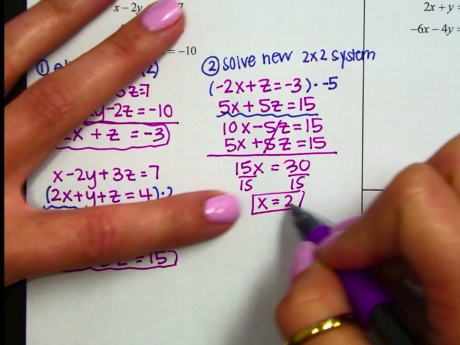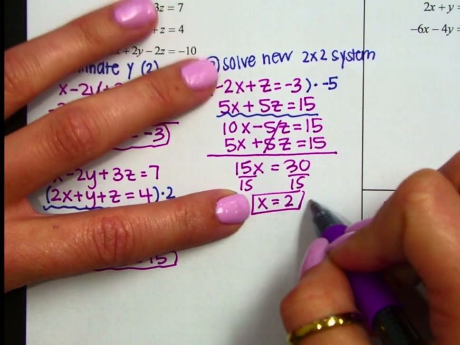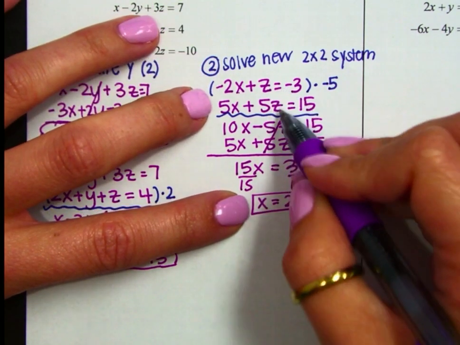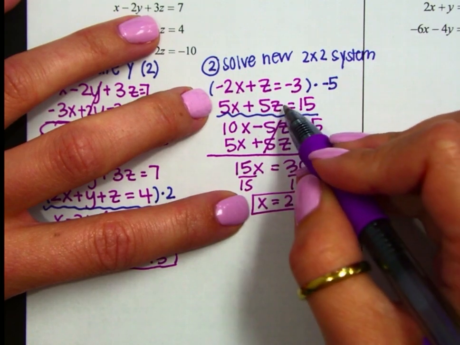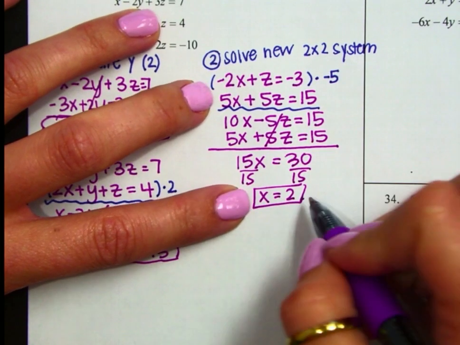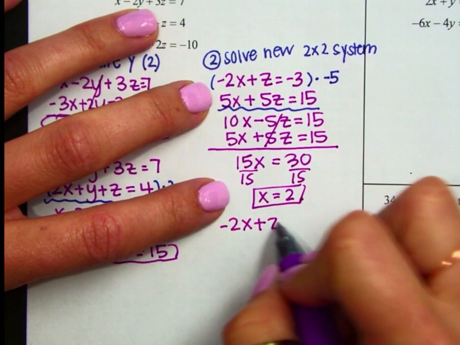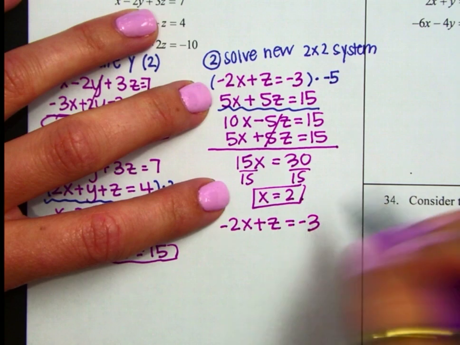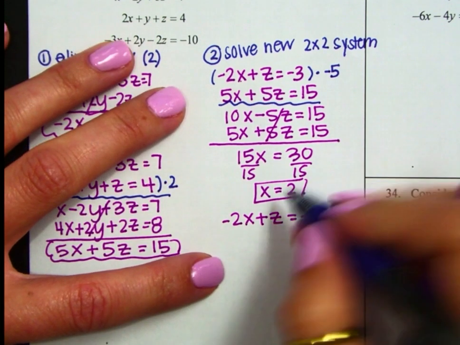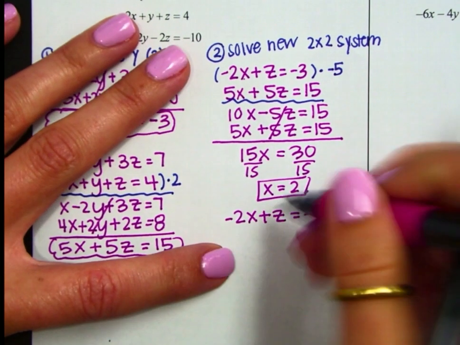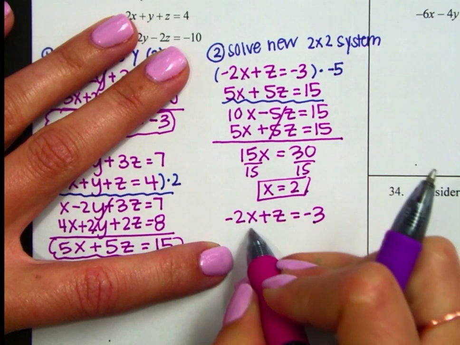Okay, so now that I have x equals 2, I'm going to plug it back in to one of these 2 original equations and solve for the other variable z. So I'm going to go ahead and use that top equation, negative 2x plus z is equal to negative 3. And I'm going to be plugging in x equals 2 right here.